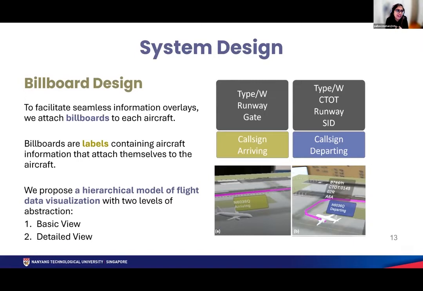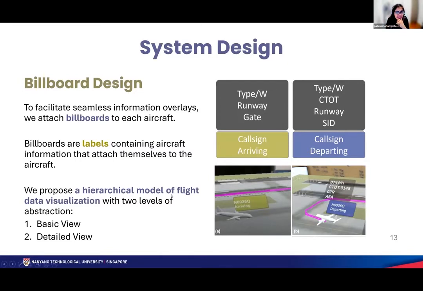We propose a hierarchical model of representing flight data on billboards. So in this model, each aircraft billboard works at 2 levels of abstraction and is also activated by 2 different input modalities, that is, embodied human input modalities.